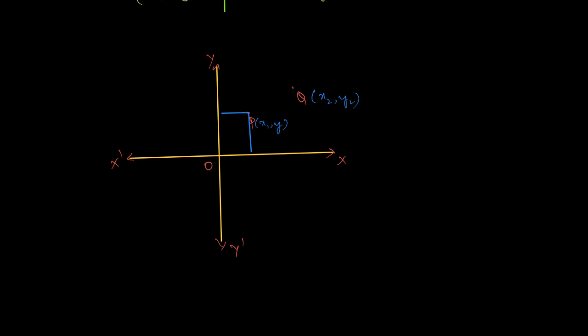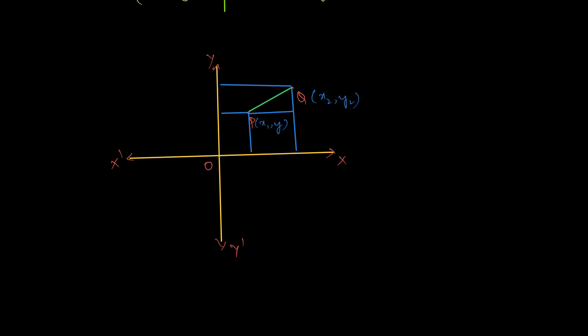We need to find the distance between P and Q. So we will drop perpendiculars in this way. As we can see, we can form a right angle triangle here. I have joined this line here.